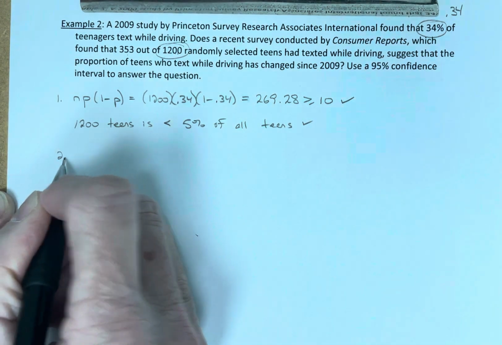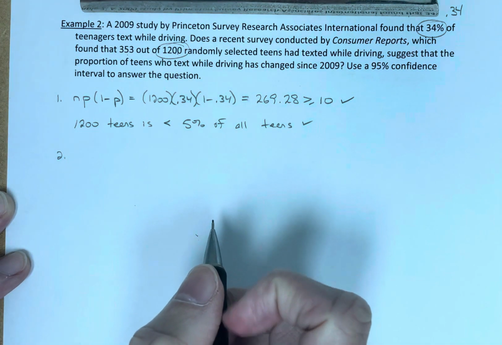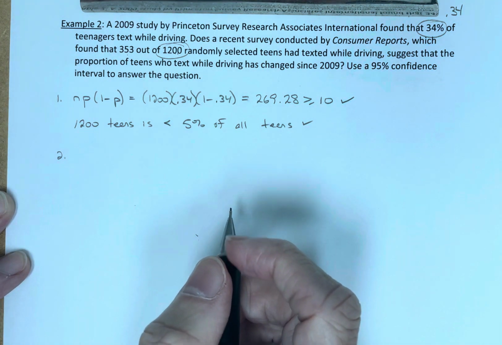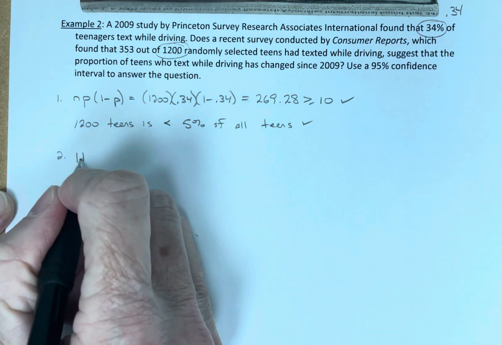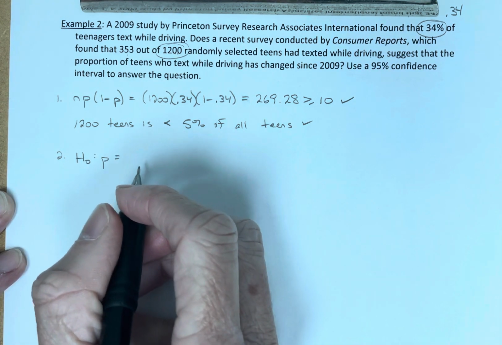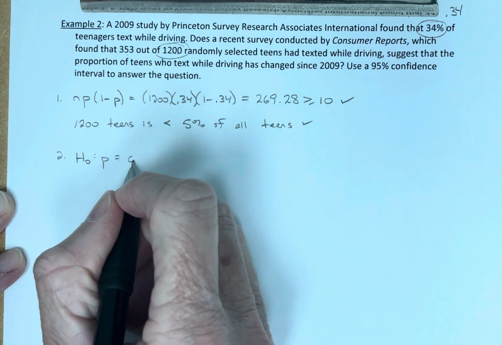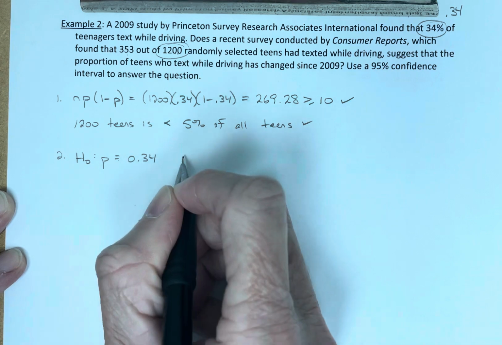All right, number 2. Let's state our null hypothesis and our alternative hypothesis. Our null is a statement of equality. Our null says the proportion of teenagers who text while driving is 0.34.